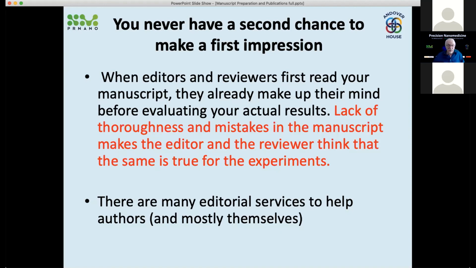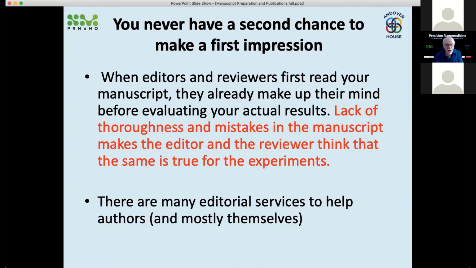If it's not thorough, if it doesn't look good, if there are spelling mistakes, it will make the editor and reviewer think that the same is true for the experiments. So read it and have it read one more time, because usually doing the experiments takes way more time and expense than writing a paper.